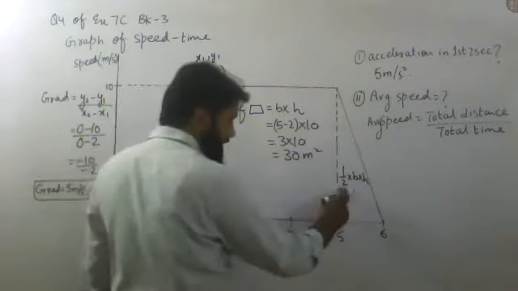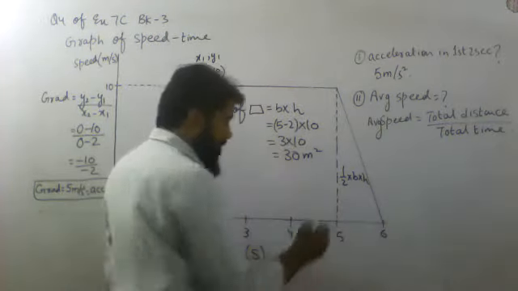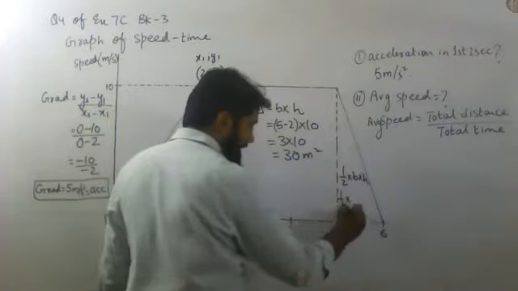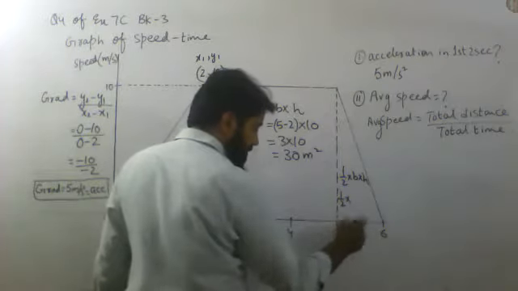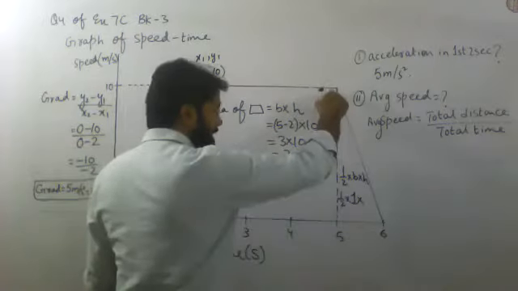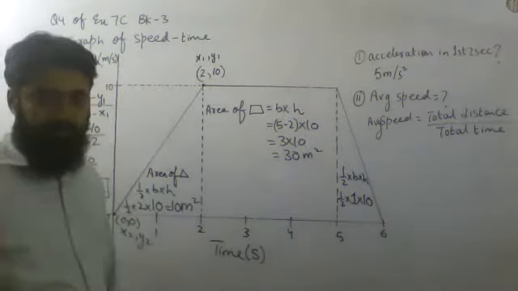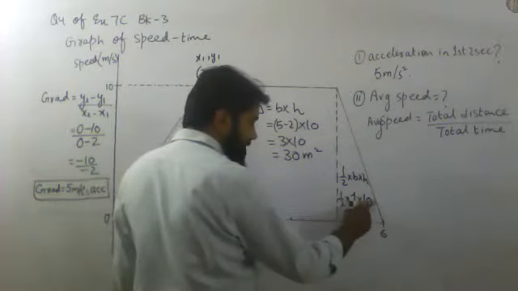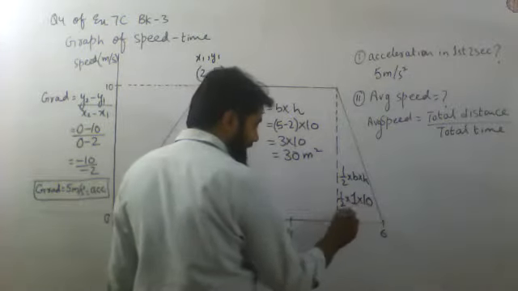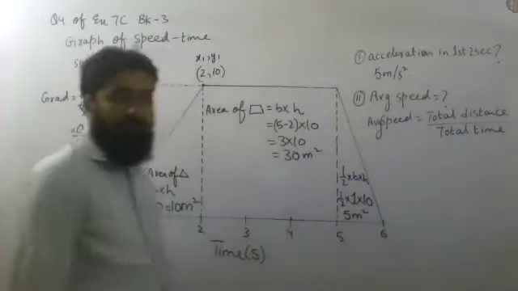Last one, for this one, 5 to 6, so base is of 1 unit and height from this point to this point is again 10. So half multiplied by 1 multiplied by 10 will become 5 meter square.